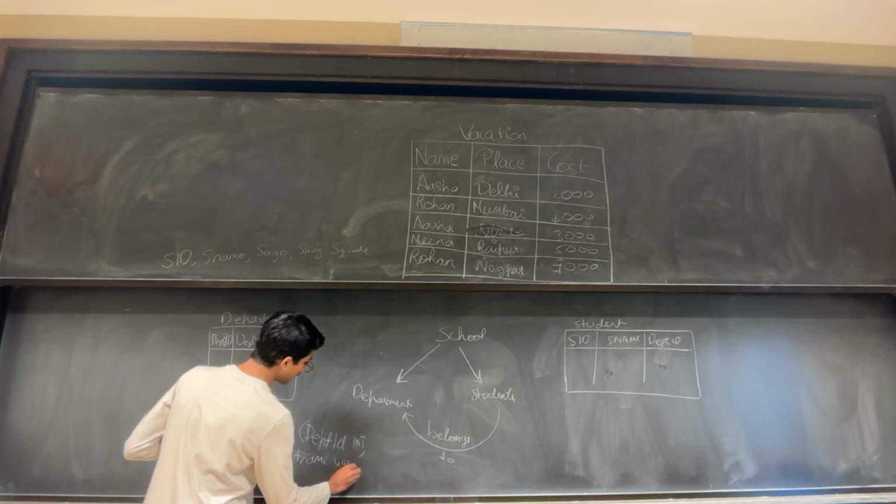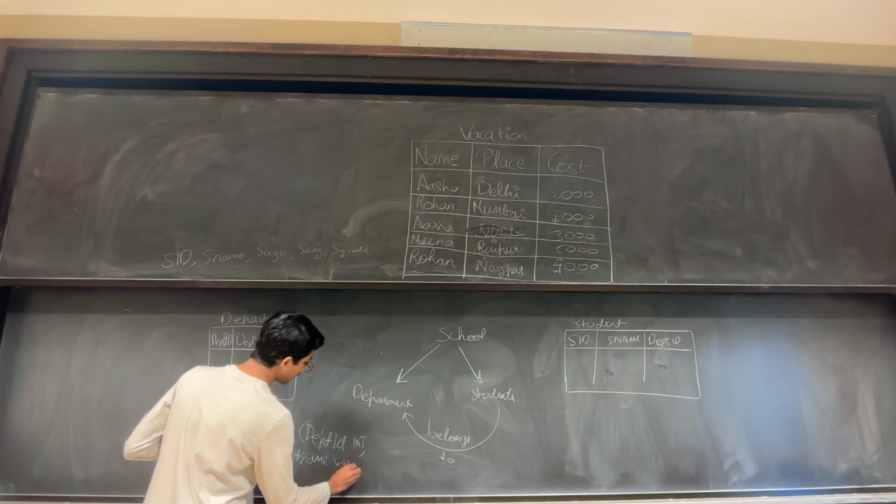Now the student table is half easy, half tricky. Let's do the easy part first. So we know that student ID and student name are not related to that. So that's completely fair. Let's write that down.